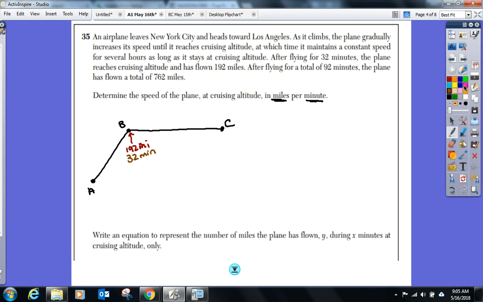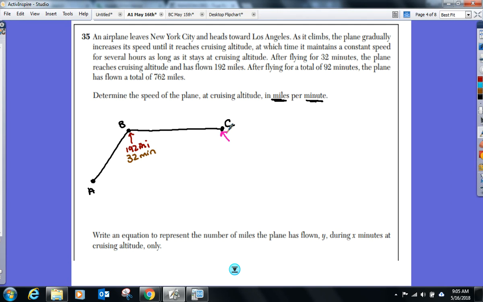Can anybody tell me what's happening at point C? At point C, how long has it been in the air and for how many miles? Again, right in the problem. I'm not doing any calculations yet. At point C now, how many miles and how many minutes?